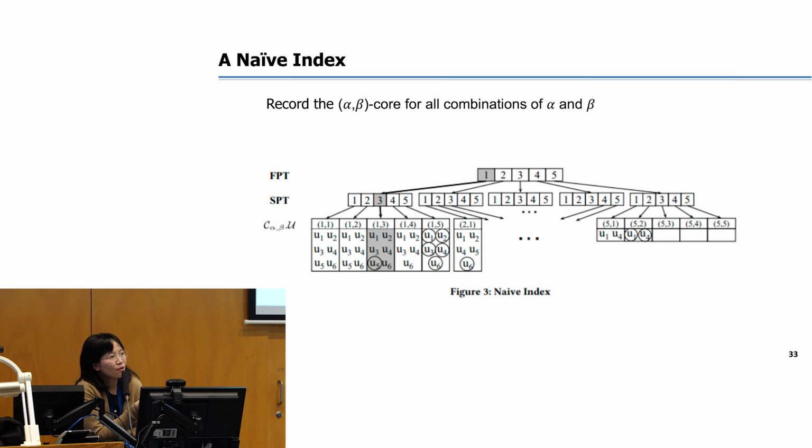This hierarchical containment structure is a good property because, as we introduced, bipartite graph sizes can be very large. If the graph is at billion scale, even a linear time complexity algorithm is not good enough.